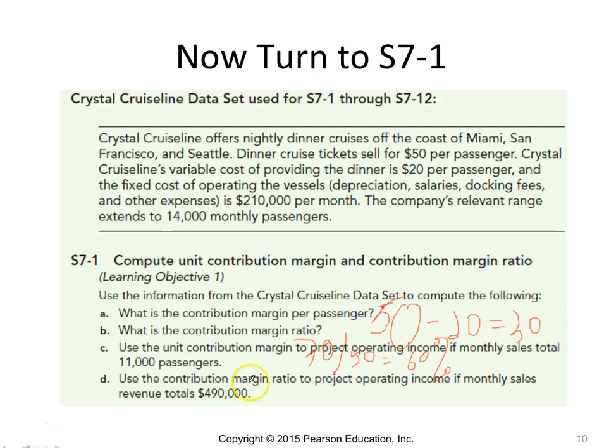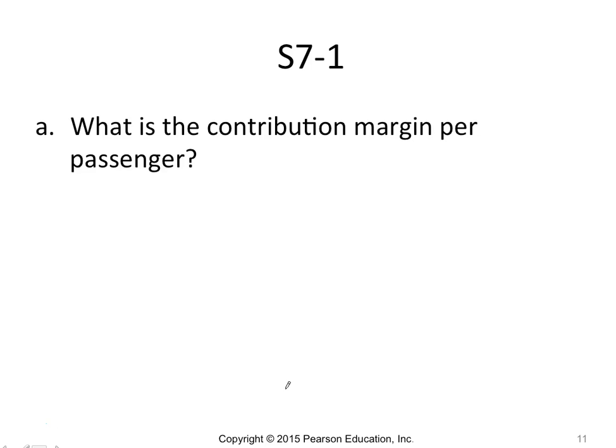Here, contribution margin divided by sales equals 60%. So we simply use 490,000 times 60% minus $210,000. Then we get that number.